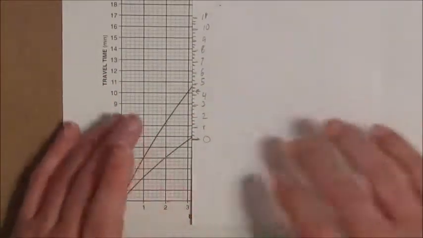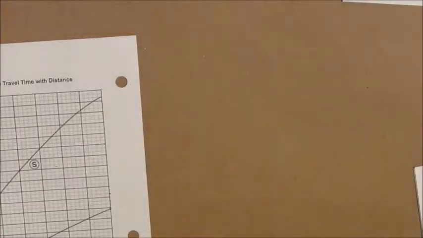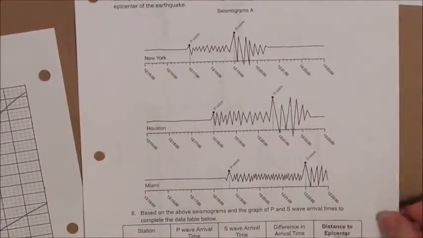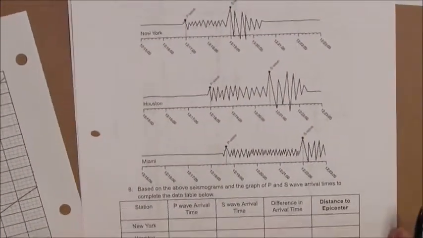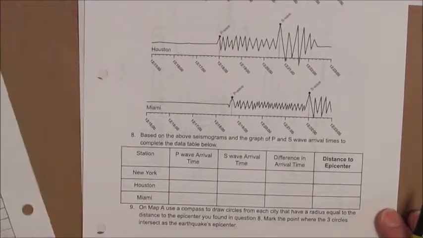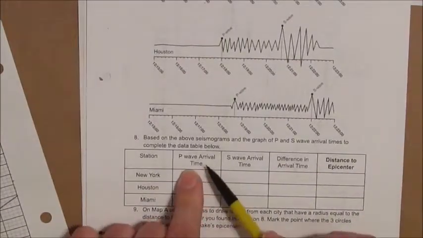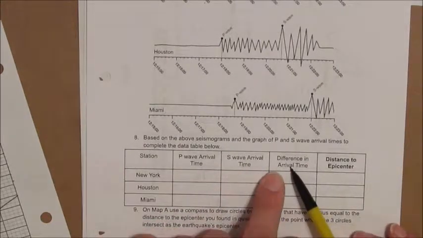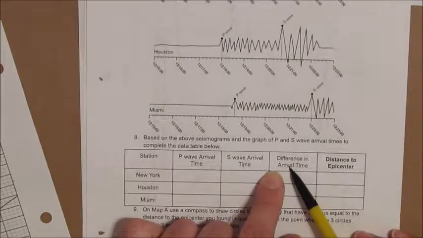Okay, it gets a little bit more complicated when we actually look at seismograph data. So let's take a look at seismograph data for earthquake A. We've got this data and then a chart at the bottom. The chart wants to give us the P wave arrival time, the S wave arrival time, and the difference in the arrival time.